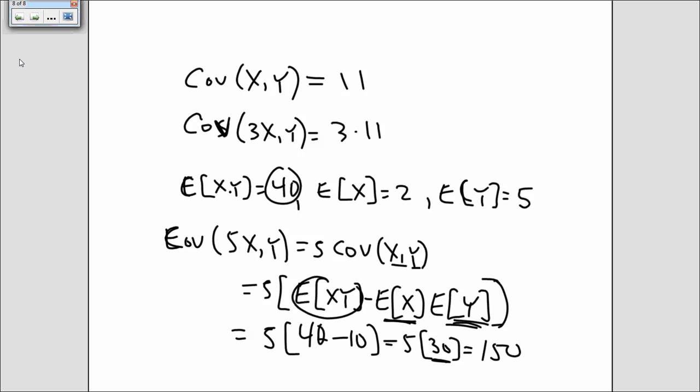It's important that you be able to work out these numerical examples. But it's just write down the formula and plug in the pieces they gave you. Okay. So how about we have the following.